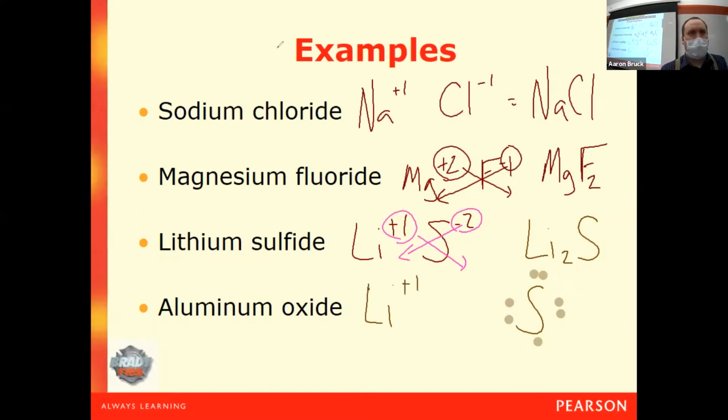This lithium's now at +1. But notice that the sulfur, while at -1, it's not complete. We need to give sulfur an 8th electron.